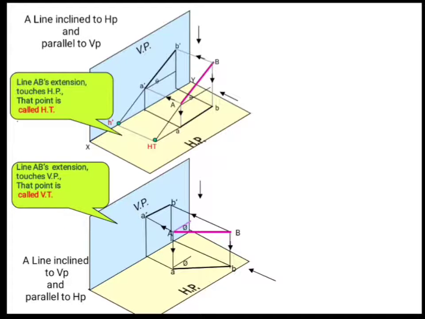Here, in the next case, the line AB's extension touches VP, penetrates VP like this. And that intersecting point is called VT or vertical trace.